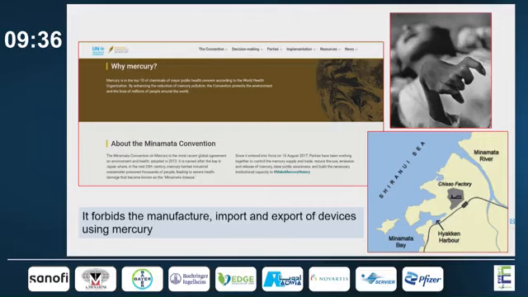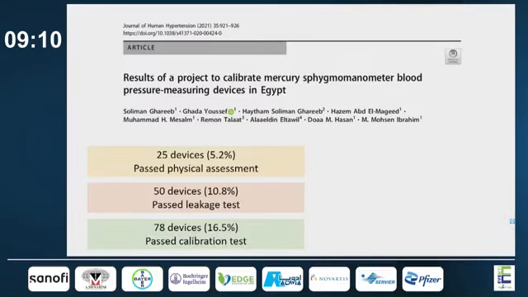The individuals who ate from these shellfish specifically got neurological diseases which ultimately led to death. Then the Minamata Convention started to ban the importing, exporting, and manufacture of any mercury-containing device, either mercury sphygmomanometers or mercury thermometers, since 2013.